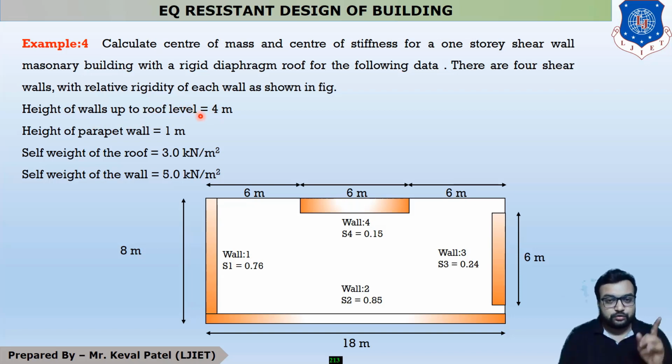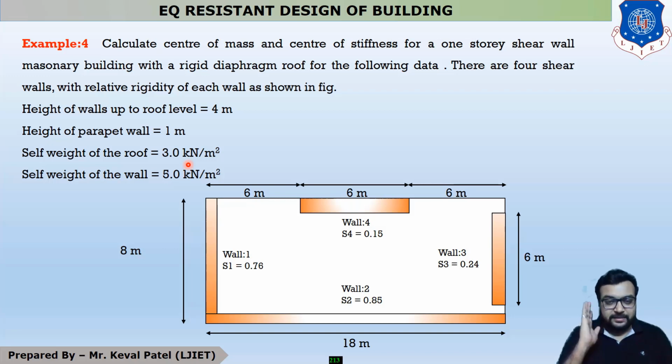This height is useful whenever we have to find our self weight in kilonewton. Next is the height of the parapet wall, which is 1 meter. Self weight of the roof is 3 kilonewton per meter square. You all know that whenever we have to find center of mass, meaning center of weight, our unit of weight must be kilonewton or kg.